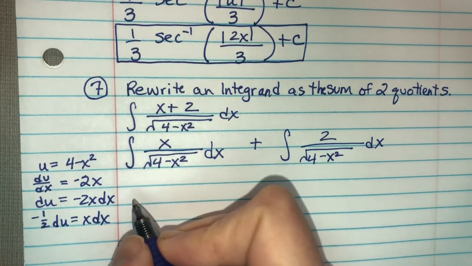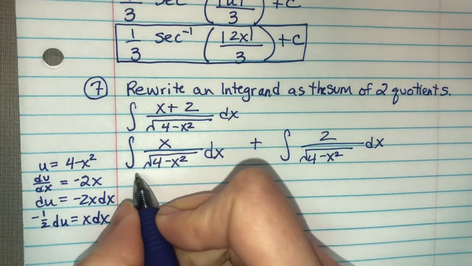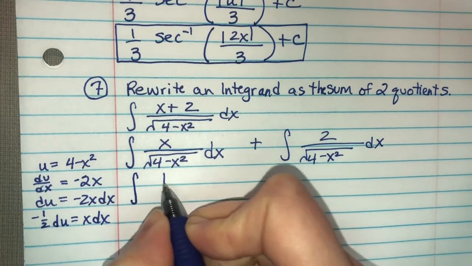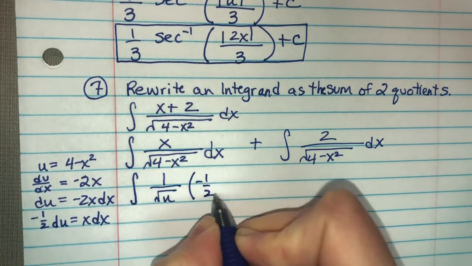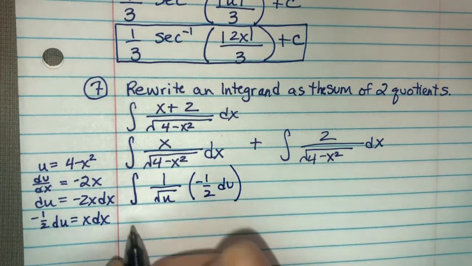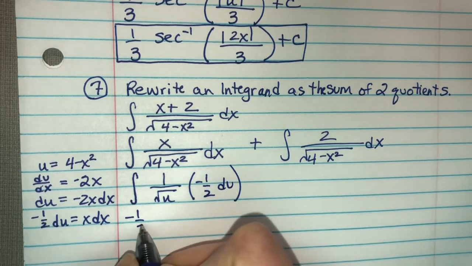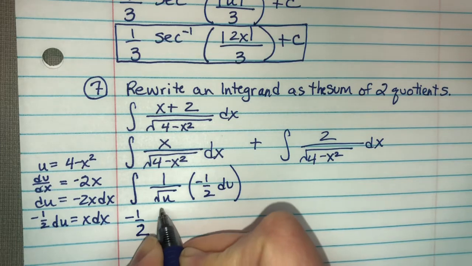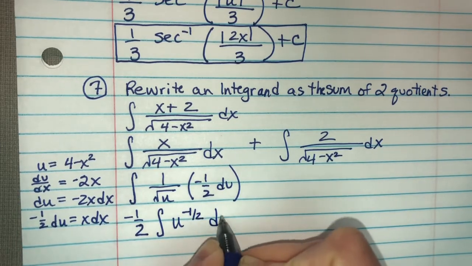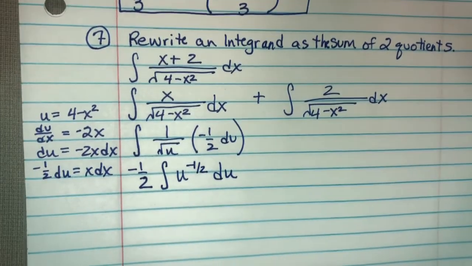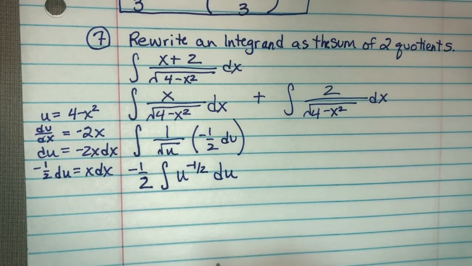So now I have the integral of 1 over the square root of u times negative 1/2 du. And the negative 1/2 can come out in front, and then I'm going to integrate u to the negative 1/2 power du. So I'll be able to use the power rule backwards.